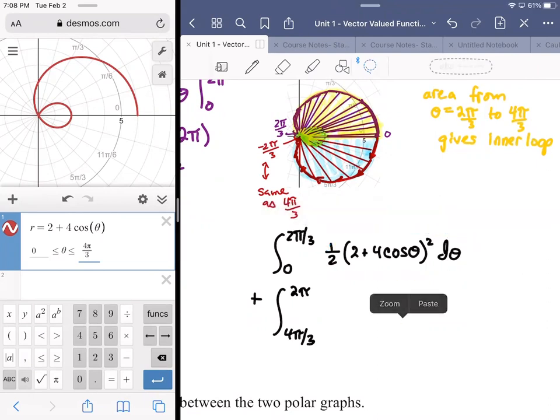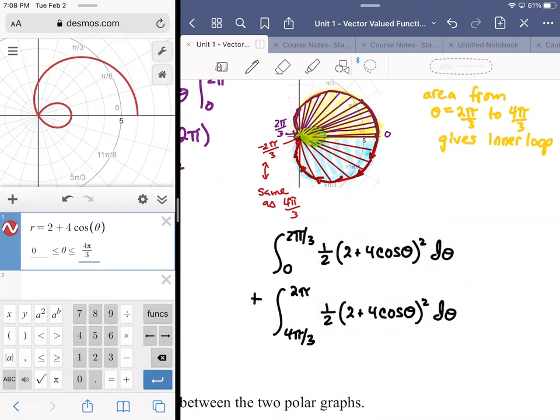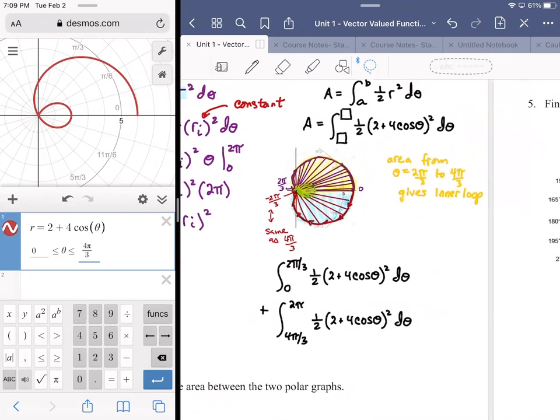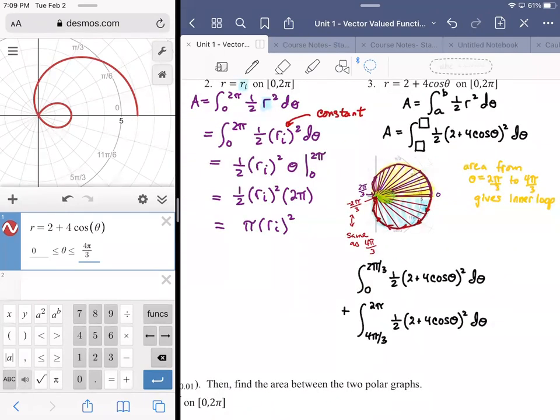Or we can go from 0 to 2 pi directly, but then we'd have to subtract the 2 pi over 3 to 4 pi over 3 interval, right? So it's nowhere near as simple as the previous cases where it's just a matter of where does it start, where does it stop. You've got that inner loop that's going to be double counted if we're not careful.